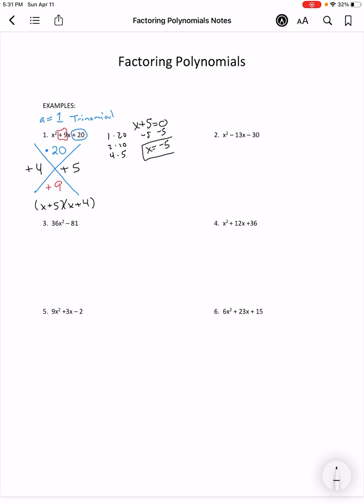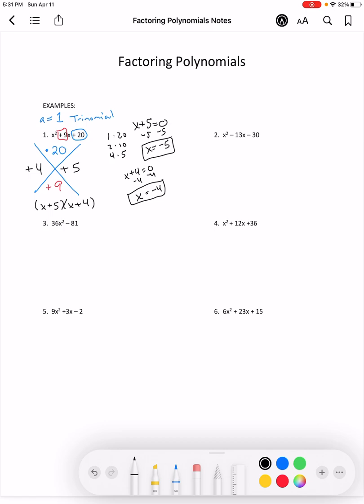So one of my zeros could be negative 5. And then I would say x plus 4 equals 0, subtract 4 from both sides, and x also equals negative 4. So I could also find my zeros using this exact same method. So factoring not only helps me when I'm factoring, but it can also help me find the zeros of a function.